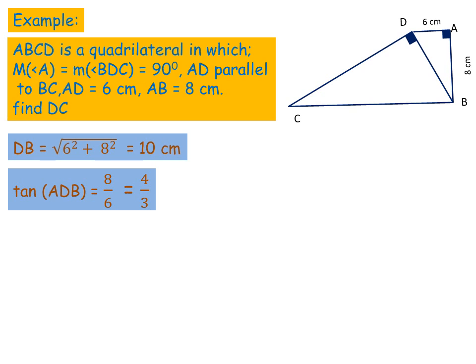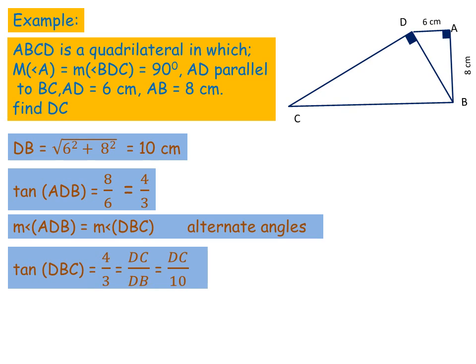So I will calculate tan of angle ADB. Tan angle ADB will be 8 over 6, so it's 4 over 3. And since measure of angle ADB equals measure of angle DBC, tan angle ADB equals tan angle DBC.